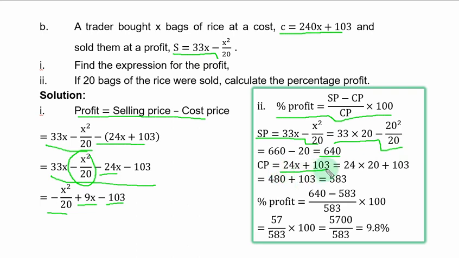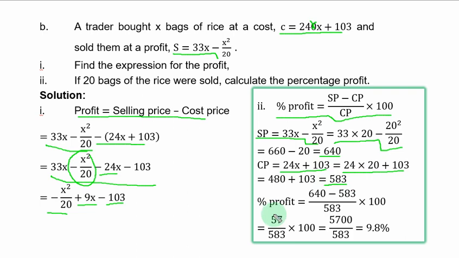Okay, so the cost price here is 24, not 240. So you have 24s plus 103. You replace s with 20, you have 24 times 20 plus 103, and that simplifies to 583.